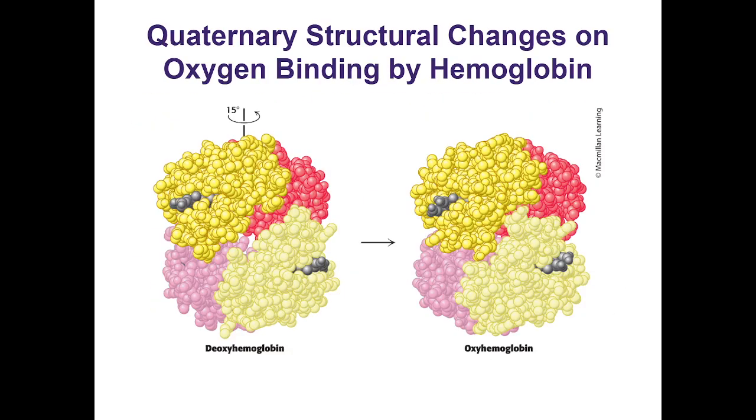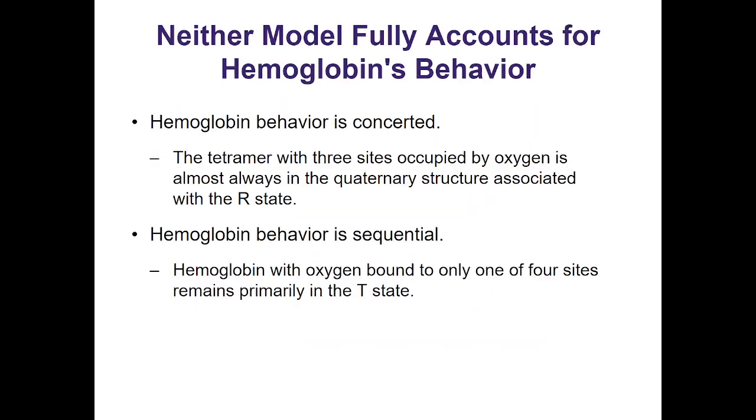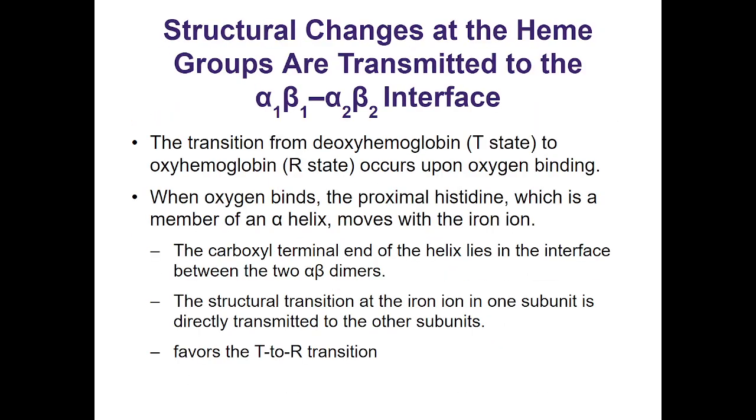Let's go back. Really quickly, the terminology you need to remember here is that the proximal histidine is attached via an alpha helix and will move with the iron ion. So the iron ion is attached via a rod to that proximal histidine, right?